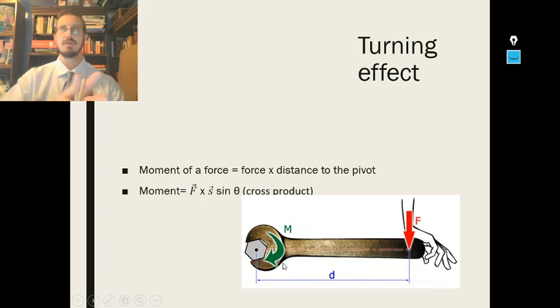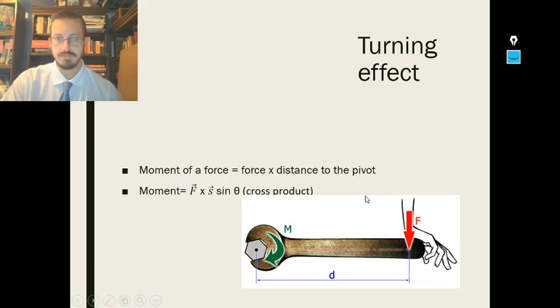So the further away from a pivot you apply a force, the more turning effect, the more moment you're going to have. The sine theta is what captures the fact that only the perpendicular component of force contributes to moment. If you were to apply a force at some angle other than perpendicular, then it does become important that you take the sine of the angle theta between the vector, which is the distance vector here, and the force vector that you're applying.